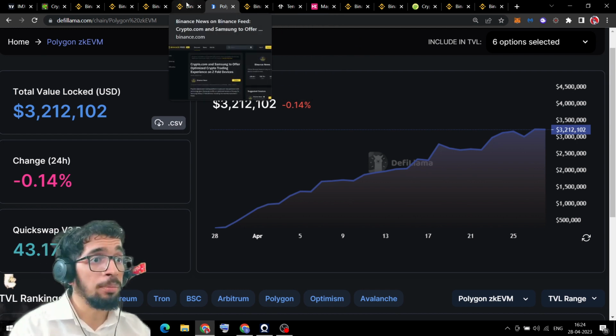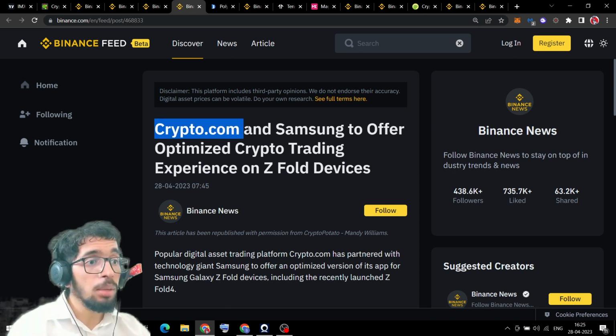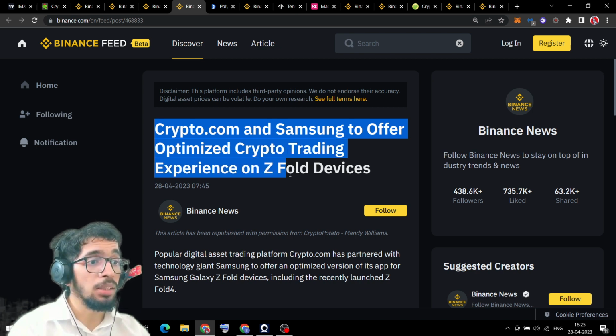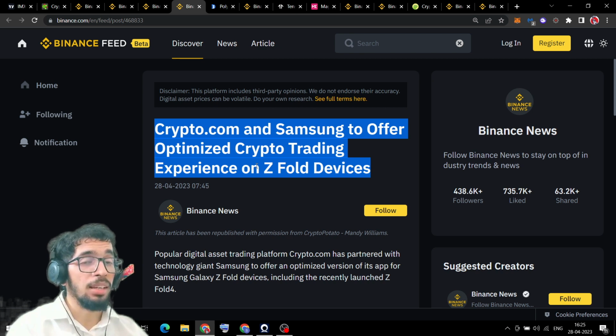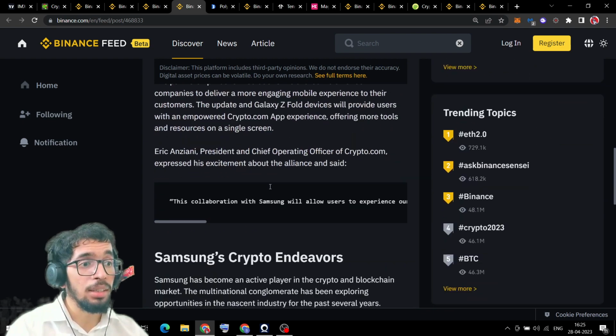Okay, so now let's talk about the next one, which is Crypto.com and Samsung to offer optimized crypto trading experience on ZK devices.